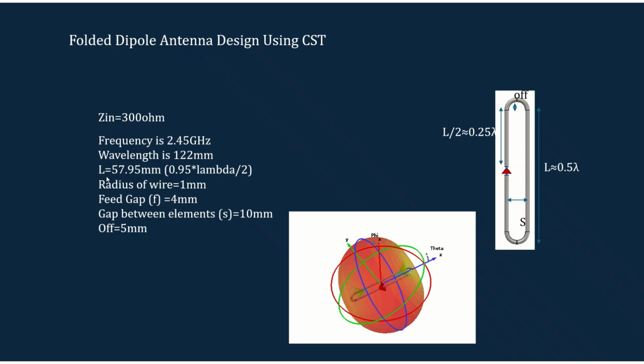So if we simulate with this length, we will get a frequency less than 2.45 gigahertz. That is one of the things considered here. So let's see how we can simulate this antenna using CST.